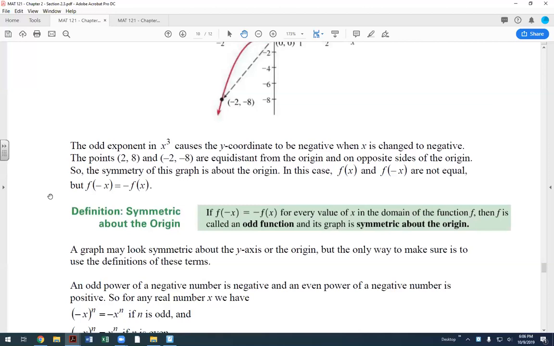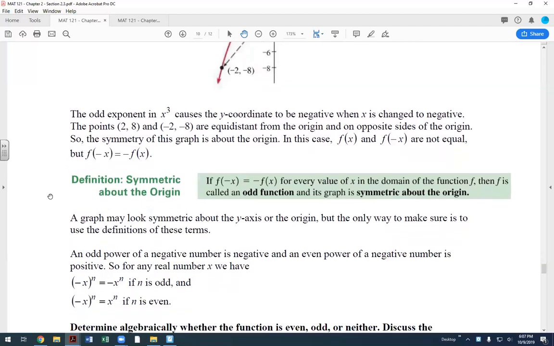And for odd functions, the idea is if I replace my x with a negative x, I actually end up getting the function, but with a negative sign in front of it. So basically we're saying it makes the entire function a negative function. So those would be the two ways that we can tell whether we're looking at an even function or an odd function.